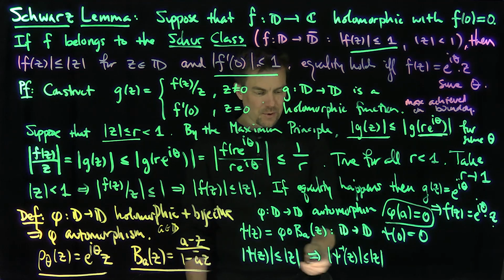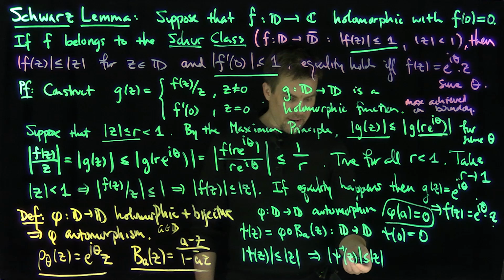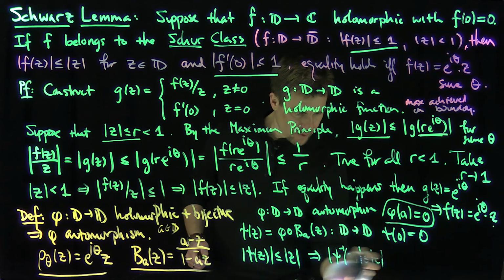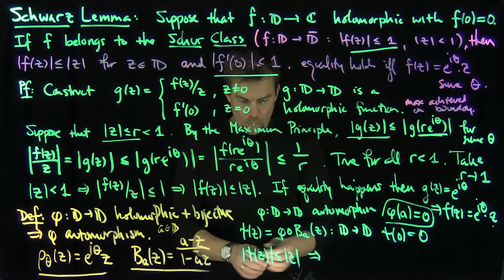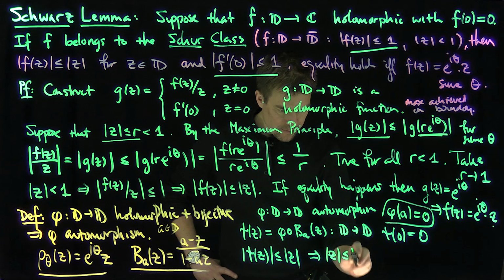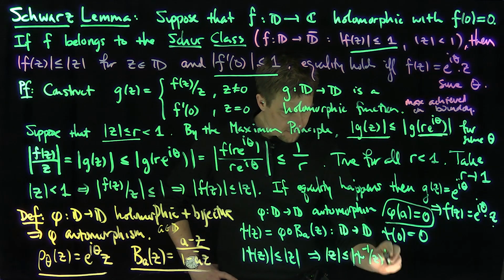And so in particular, these two inequalities together tell me that I can plug in psi inverse and get that modulus of z is less than or equal to modulus of psi inverse of z.